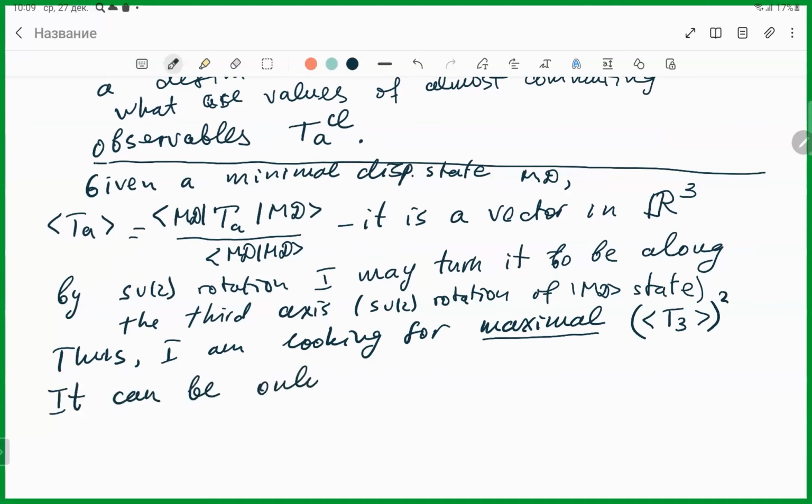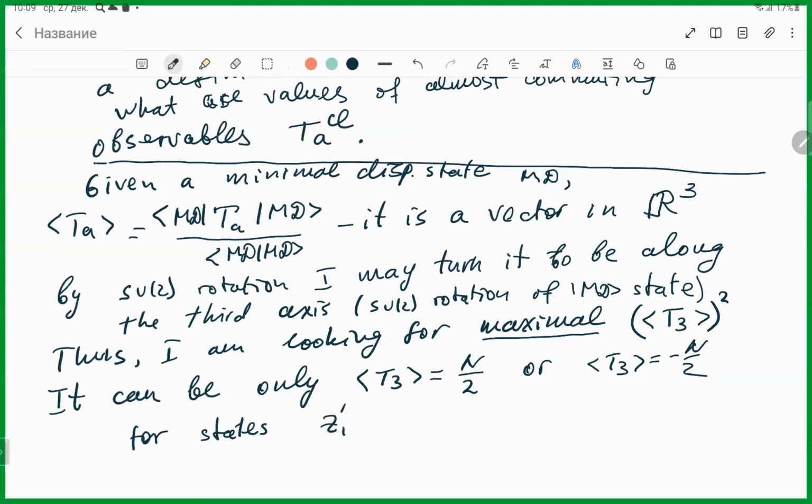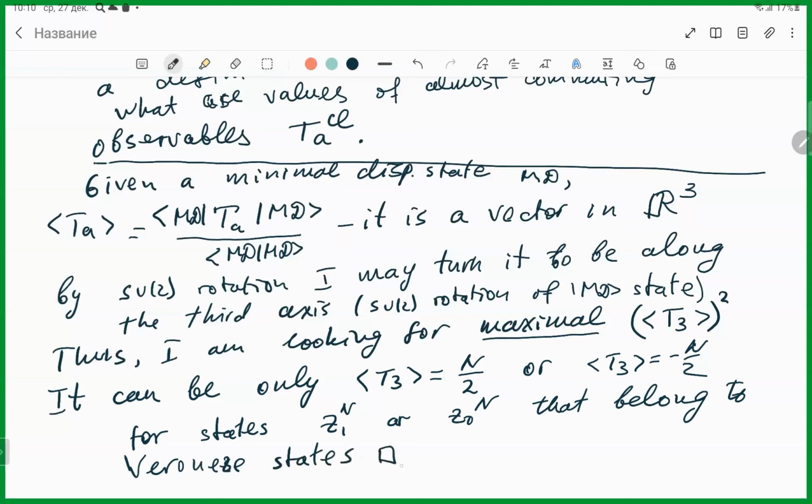It can be only this or that for states that belong to Veronese.